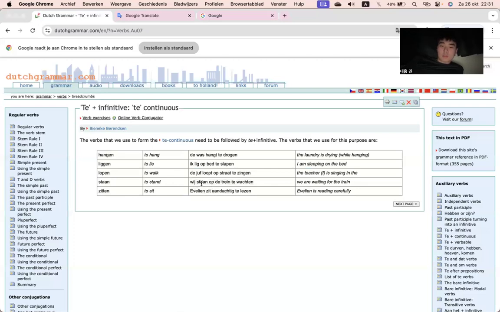Wij staan op de trein te wachten. Evelyn zit aandachtig te lezen. Reading carefully. Okay, guys. We're going to do the rest of the two cases tomorrow.